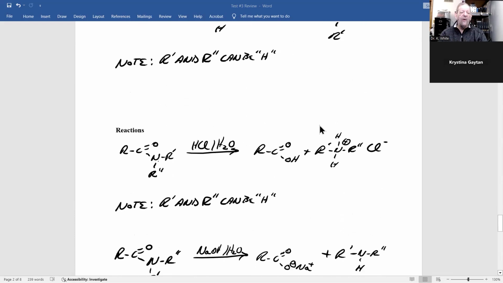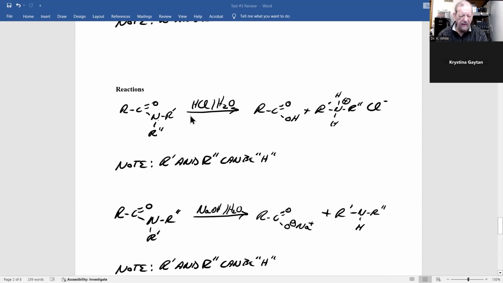Now, what do you do with an amide? Well, the first one is if you take an amide and react it with acid and water. The acid here is hydrochloric acid. And the reason I picked this one for this reaction is because that's the acid in your stomach.